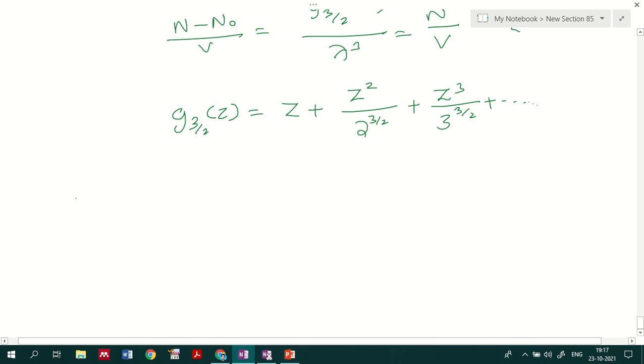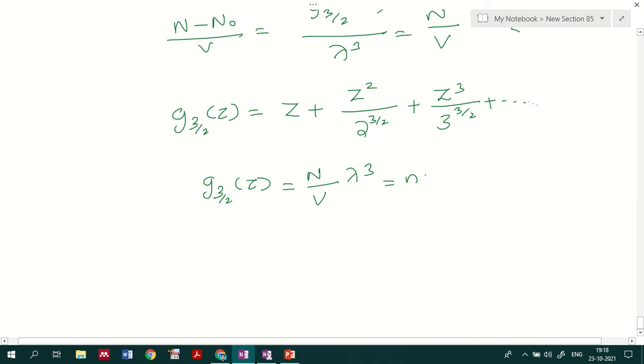So g3/2 of Z, I can also write like this: n by v into lambda cube, because n by v is g3/2 of Z divided by lambda cube. In that representation, n by v is the number density, so I can take it as n.